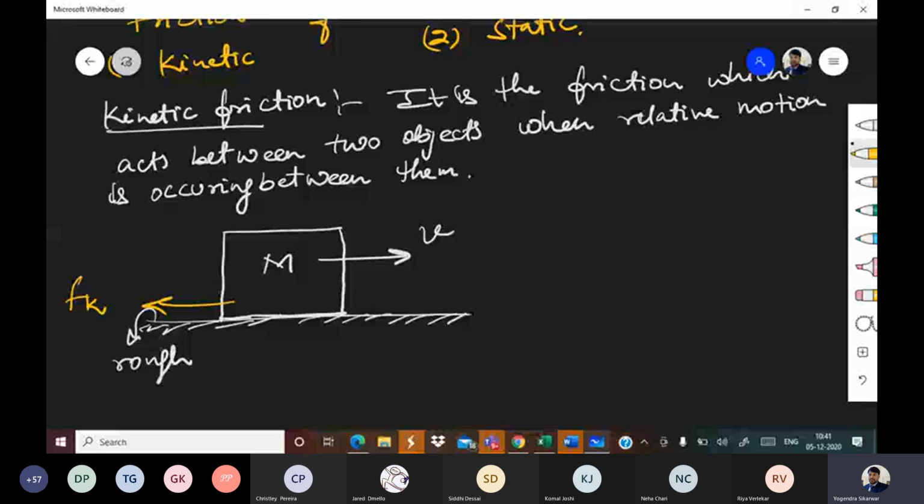Friction acting between the two objects is proportional to the normal reaction acting between them. So mg is acting downward, N is acting upward.